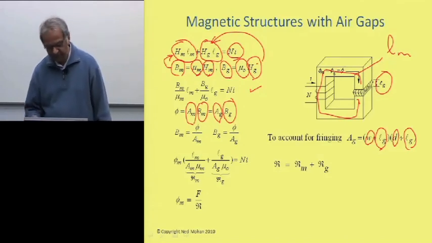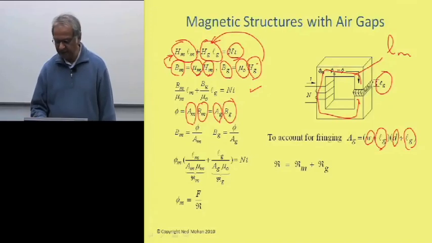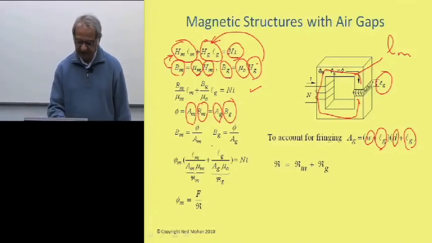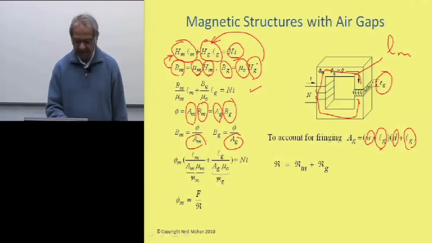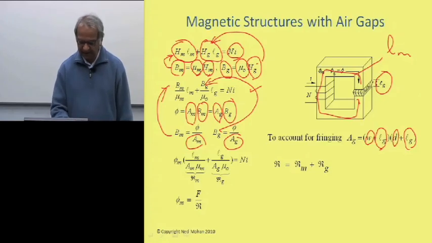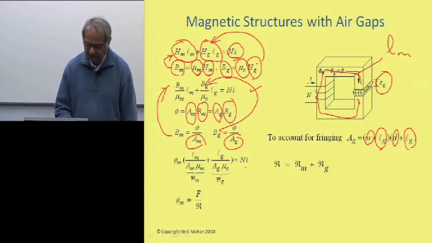But for our purposes, we can ignore this fringing, and then this area here would be equal to this area here. But nevertheless, we have an expression for flux densities in terms of flux, and we'll substitute B sub m over here and B sub g over here, and that will give us this expression here for flux.